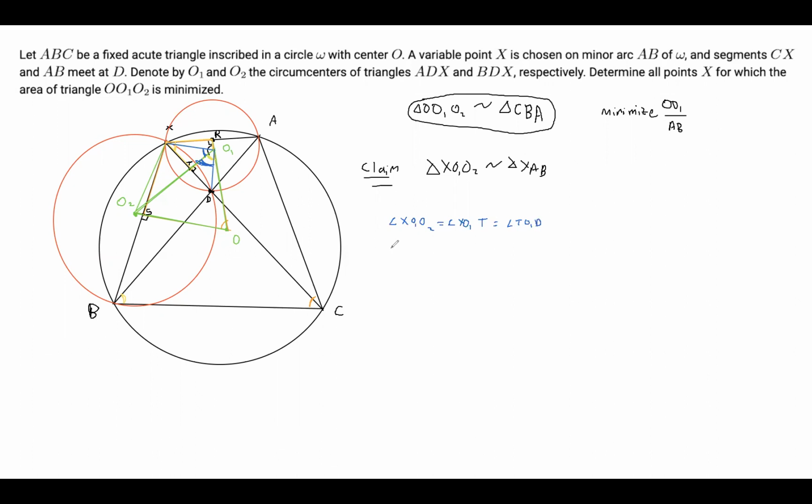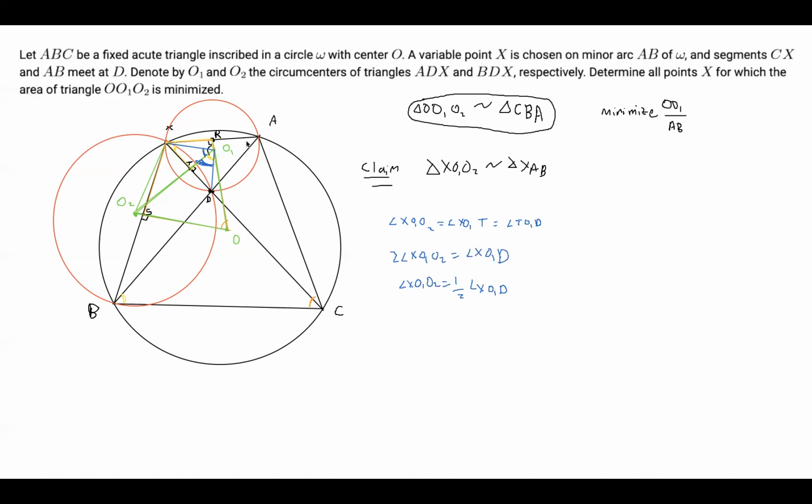Right? So 2 times angle XO1O2 is equal to angle XO1D. And angle XO1O2 is equal to half of angle XO1D, but we notice that XO1D, this angle over here, subtends arc XD of this circle, right?